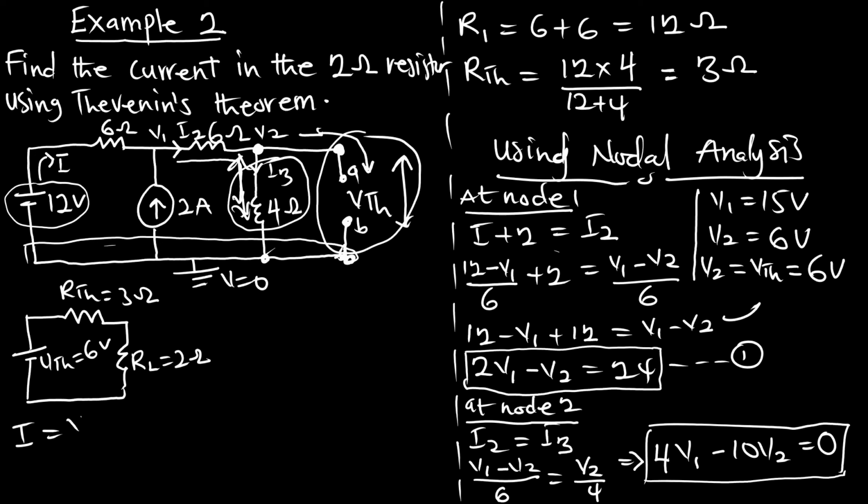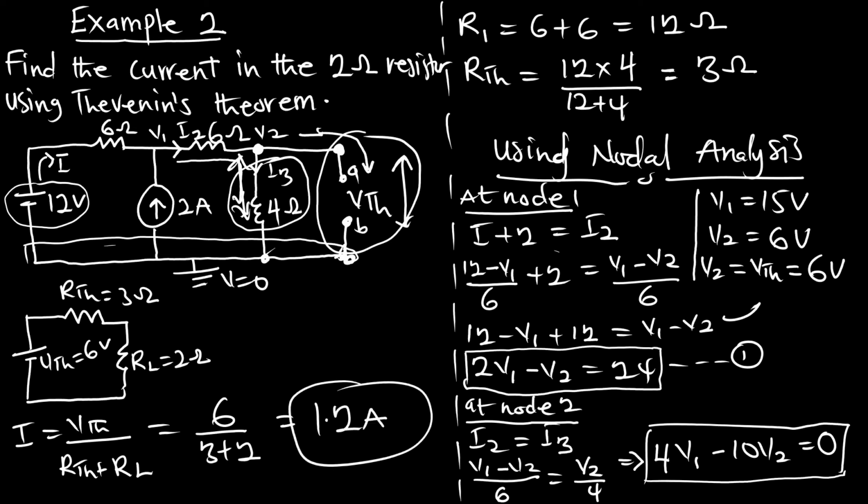By Ohm's law, I is equal to VTH over RTH plus RL, and that is going to be 6 over 3 plus 2, and that is going to be 1.2 amperes. Therefore, the current passing through the 2 ohm resistor is 1.2. The same thing is happening in the big diagram.